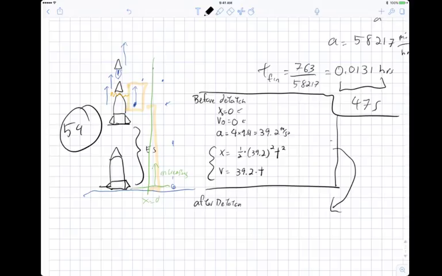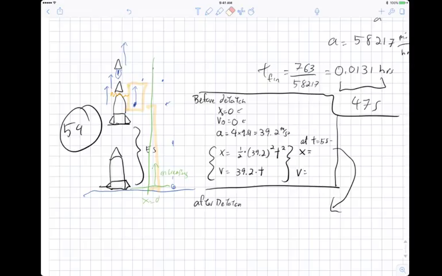So I'm going to use these at t is equal to 5 seconds. The position and the velocity are, nope, 39.2 squared. Wait, 39.2 squared, that's weird.